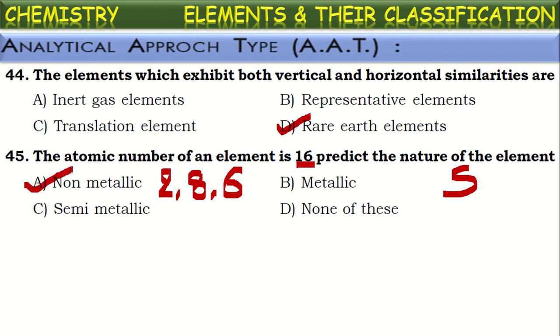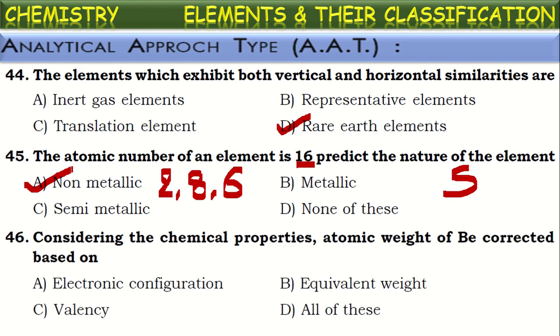It is present in the 6th A group or 16th group of the modern periodic table. Along with oxygen, we say the group elements as oxygen, sulfur, selenium, tellurium and polonium. These all elements are generally non-metals, as it is having 6 valence electrons. It is a non-metal.